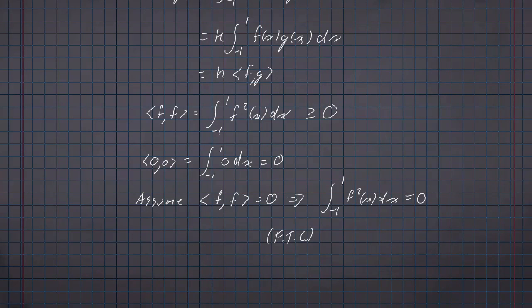So the derivative of the integral of f squared of x is just f squared of x, and the derivative of 0 is 0. And if the square of a function is always 0, then the function itself is also always 0.